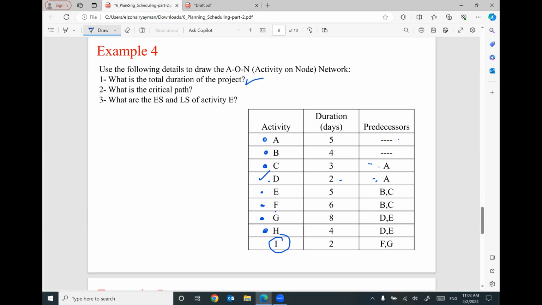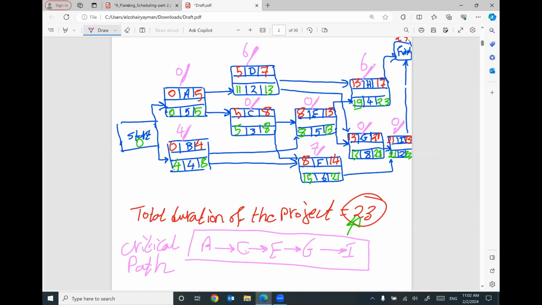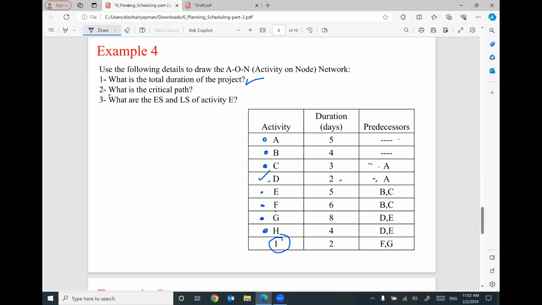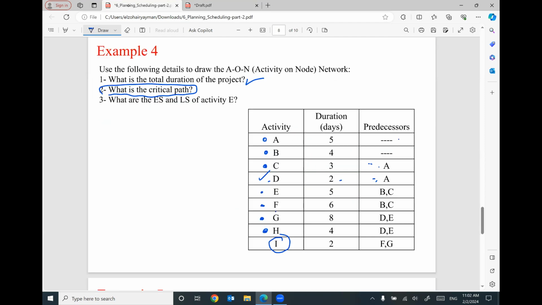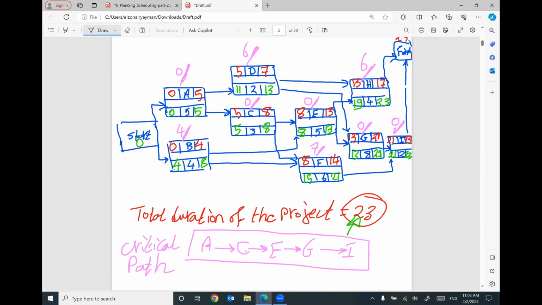What is the total duration of the project? It's 23 days. What is the critical path in this project? I answered this question. It's the path A, C, E, G, I. The last question: what are the early start and late start for activity E?